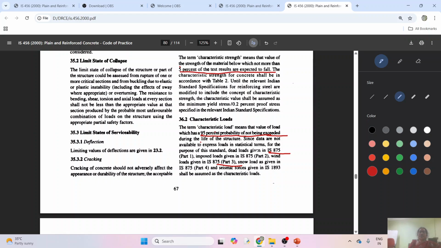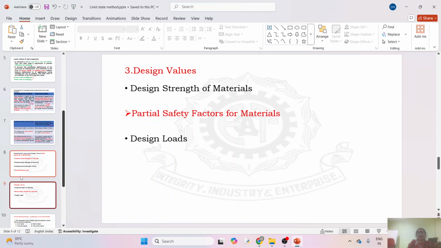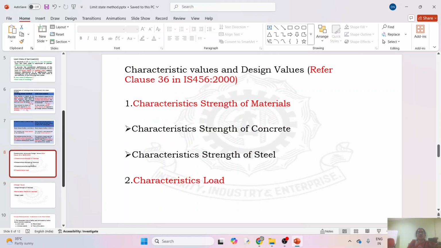So the term characteristic load means the value of load which has 95% probability of not being exceeded during the lifetime of the structure. In the absence of any data, we have to consider as per the IS codal provisions. Next one is the design value. This we have already discussed based on the IS codal provision. Characteristic strength of materials means, in our design we have used concrete and steel materials.